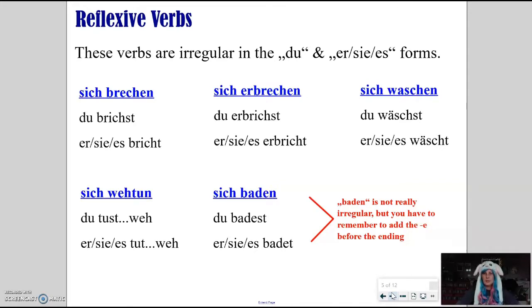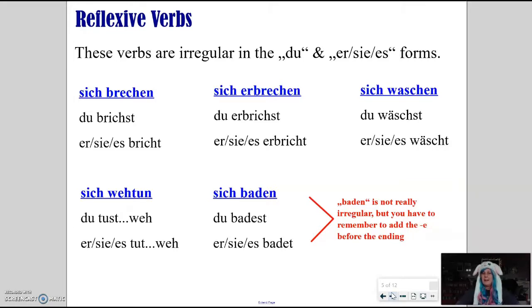Sich erbrechen, du erbrichst, and er/sie/es erbricht. Sich waschen, we go from a regular A to an A umlaut, du wäschst, und er/sie/es wäscht. Sich wehtun, du tust weh, und er/sie/es tut weh, and that is a separable prefix verb.